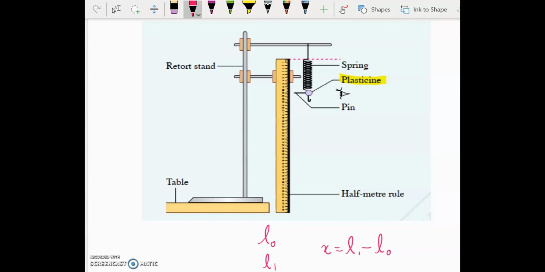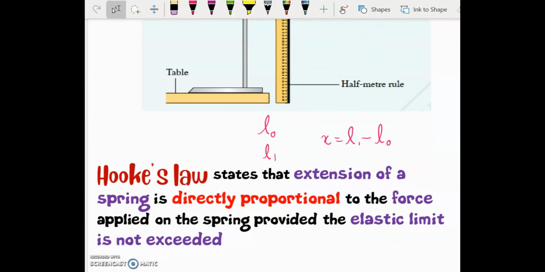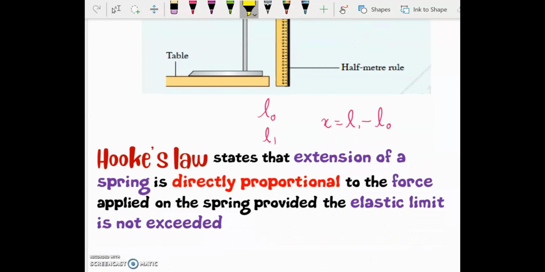Okay, so this experiment can be used to describe Hooke's law, where Hooke's law states that extension of a spring is directly proportional to the force applied on the spring, provided that the elastic limit is not exceeded.